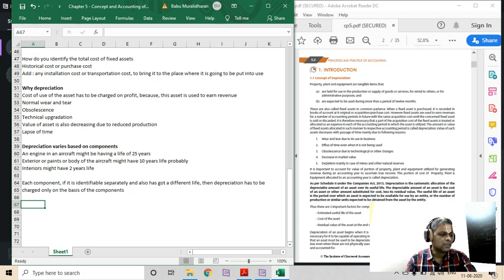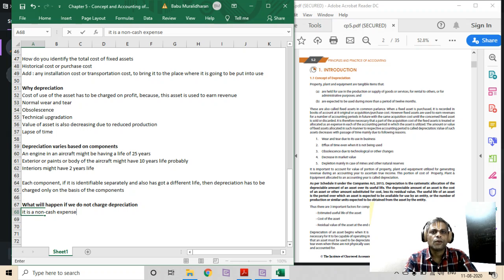But how do you charge? If you don't charge depreciation, what will happen? If we do not charge depreciation to the financials, right? Remember, depreciation is a non-cash expense. We don't pay anyone because of depreciation.